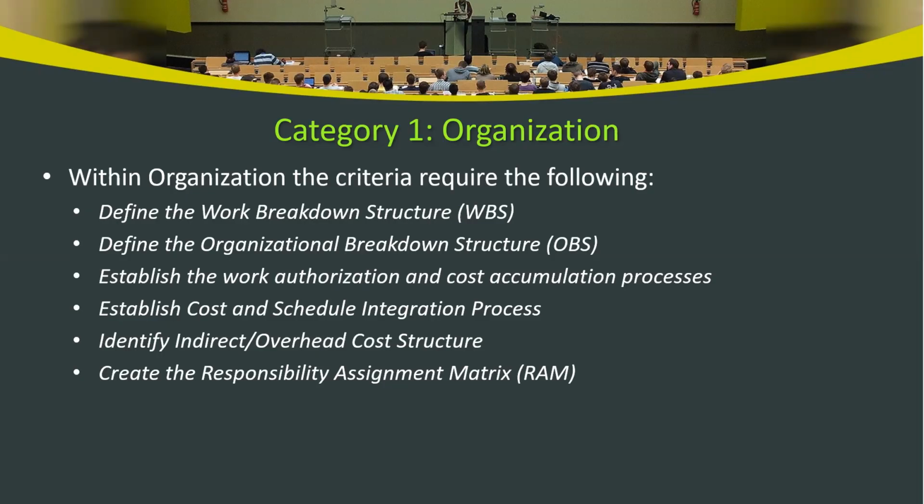Third one is about work authorization and cost accumulation processes. What is this? This involves setting up processes for authorizing work on the project and tracking associated costs. Work authorization ensures that work is performed as planned, while cost accumulation processes track expenses, ensuring they align with the project budget.